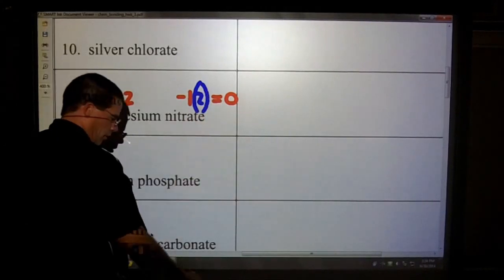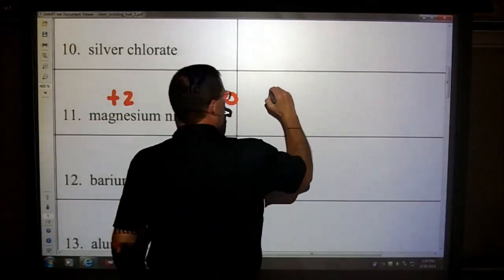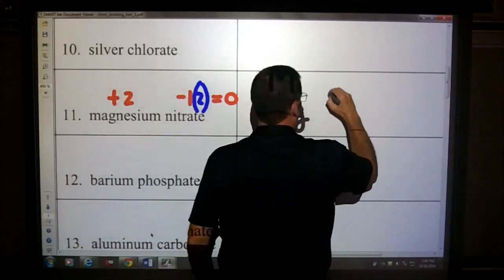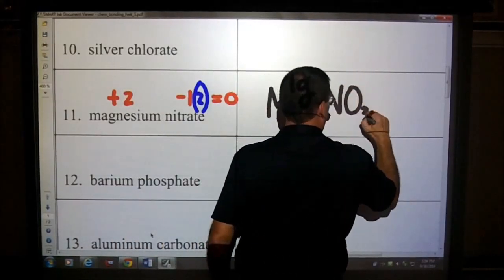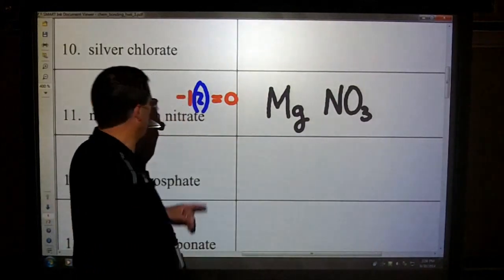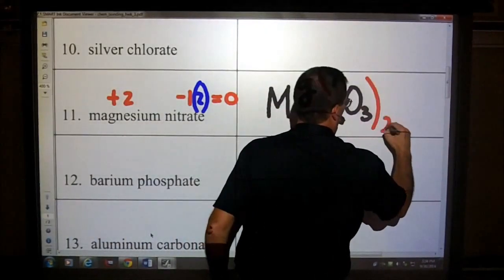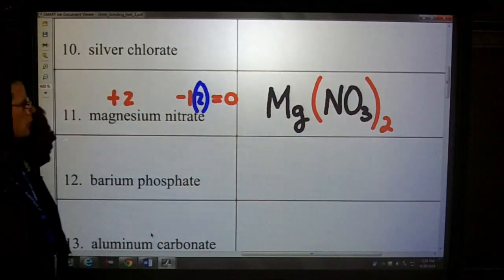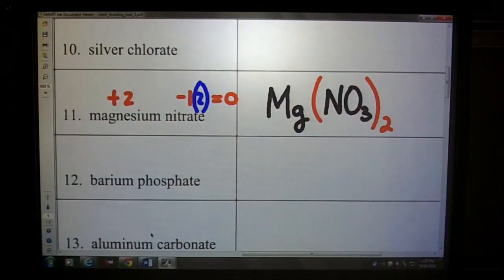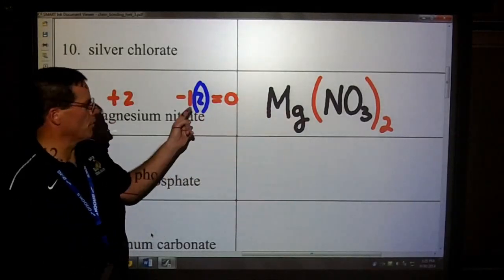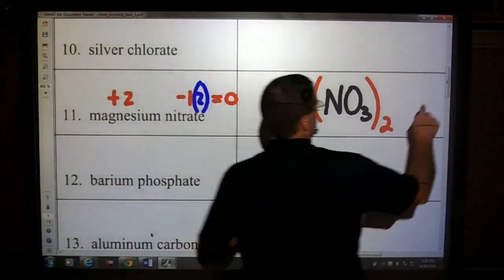Good, 2 of those. And magnesium and nitrate again is NO3. Since we need to show 2 of those, make sure that we wrap that up, put a 2 on there. Okay. So magnesium nitrate, Mg, parentheses, NO3, because we need to show 2 nitrates, 2.